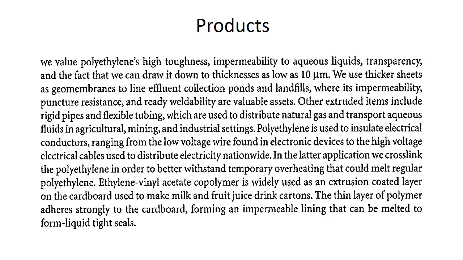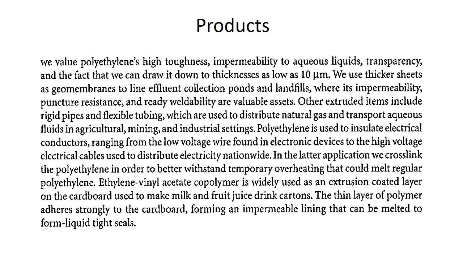Okay. Let's talk about what kinds of different products can be made from polyethylenes and how the structural features of these polyethylenes impart different properties that make them suitable for real use in our society.